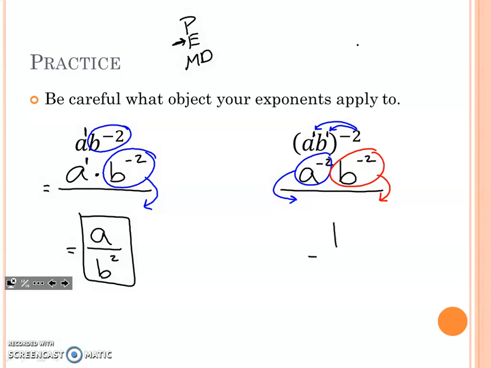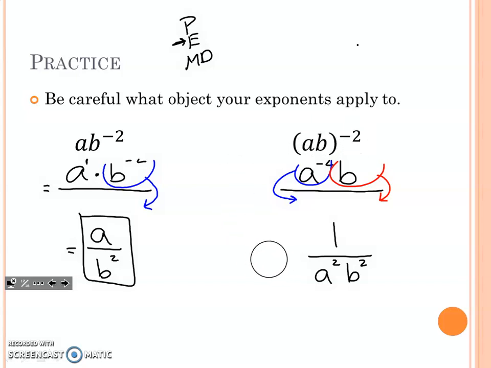So what do I have left on top? Well, I have nothing. We always have a 1. So that's a squared, b squared. Okay? So again, notice the difference between this one and this one here. Exponent only goes with the b, so that's the only thing that moves down. Exponent has to distribute in, so they're both down on the bottom.